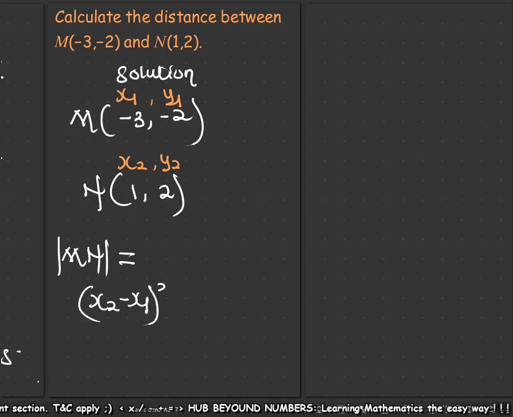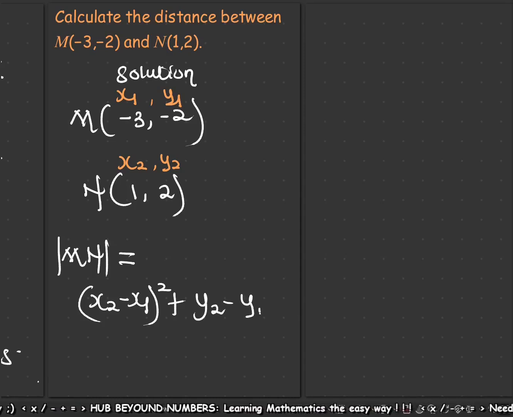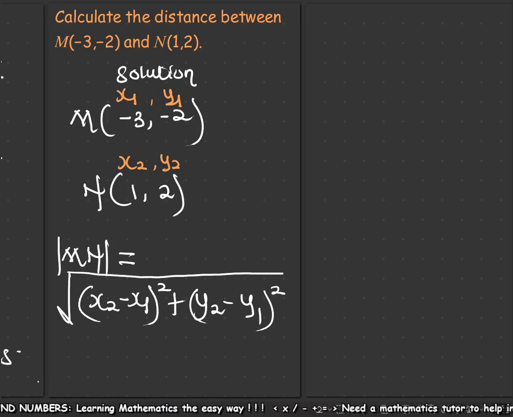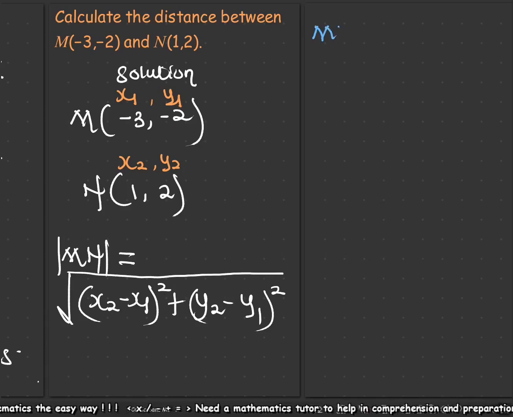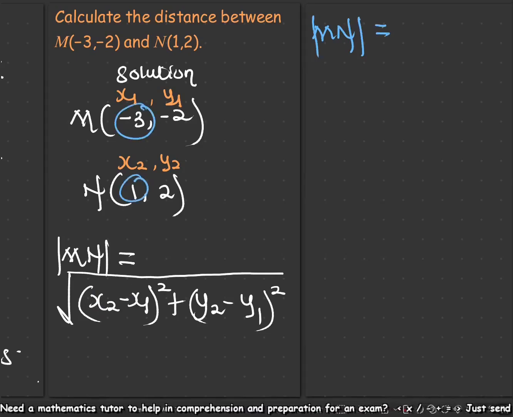Remember we said it's actually the same thing, plus y2 minus y1 all squared, and then our square root. You see, so substituting our values, that is going to mean that the magnitude of MN we are looking for is actually equal to x2 minus x1.